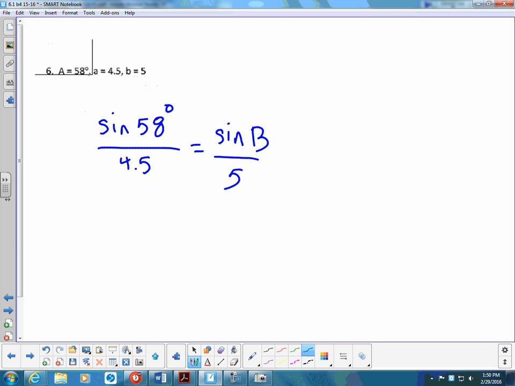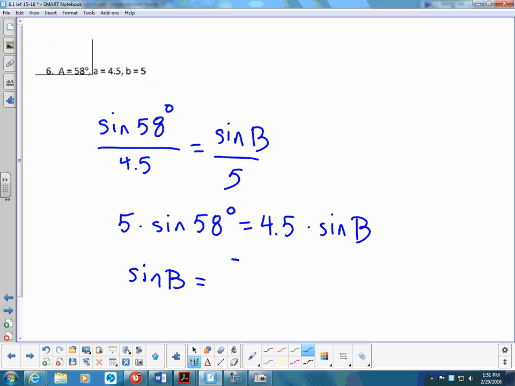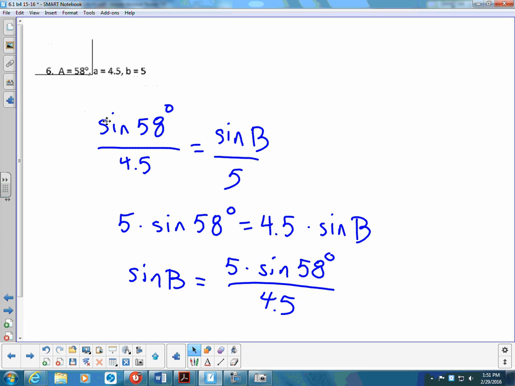Okay, and so you're cross multiplying and solving. So we're getting that the sine of angle B is going to be 5 times the sine of 58 degrees over 4.5. You're putting this into your calculator.